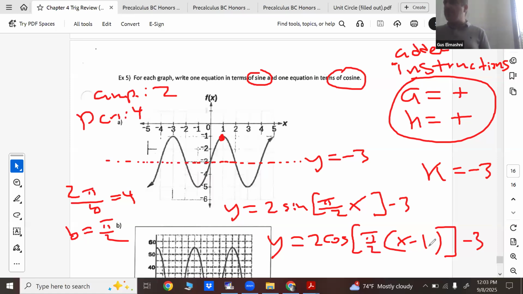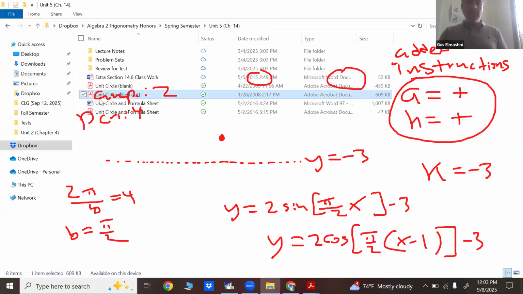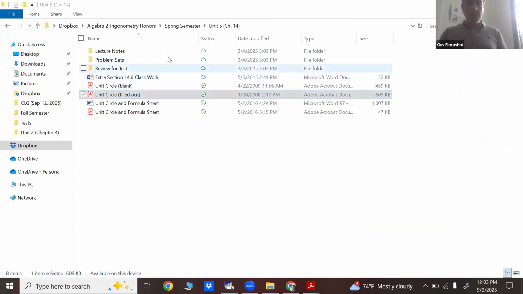Okay, so that's kind of a quick flyover of trig. So for homework, I'll tell you what I want you guys to do. I'm going to update Schoology as well. Let's see here.